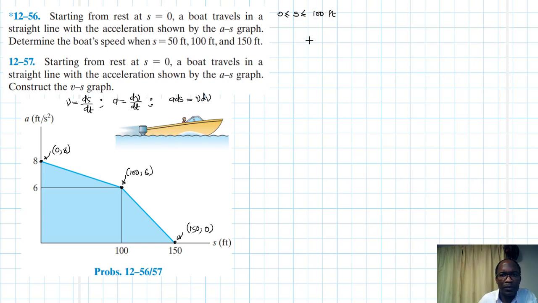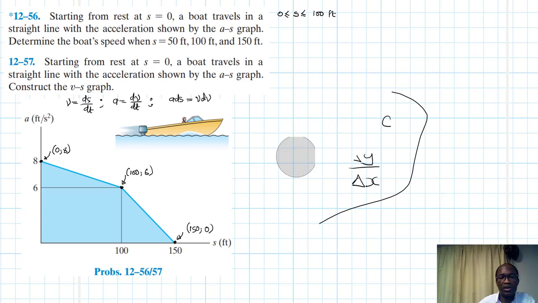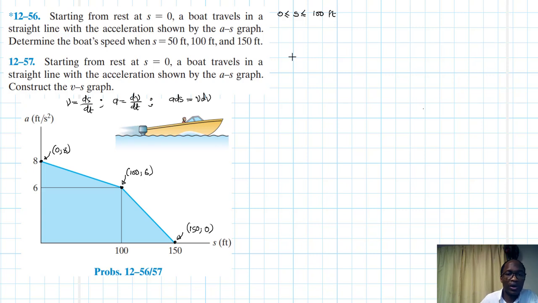This is feet. Again, we want to use the equation y = mx + c, where m is the gradient, change in y divided by change in x, and c is the intercept. So instead of y, we will have acceleration, and instead of x, we'll have the position. Let's employ this equation to develop the equations, starting with the interval 0 to 100.